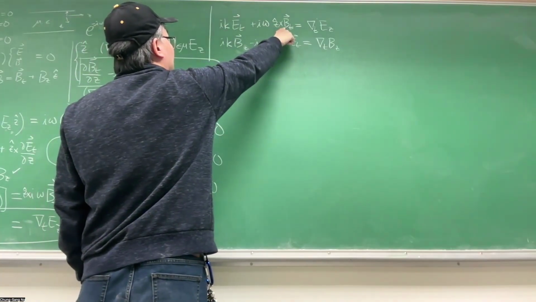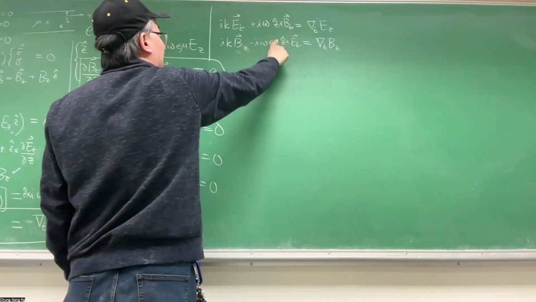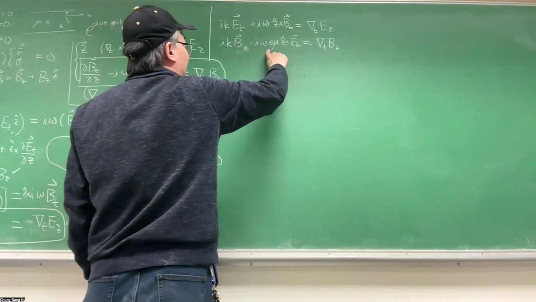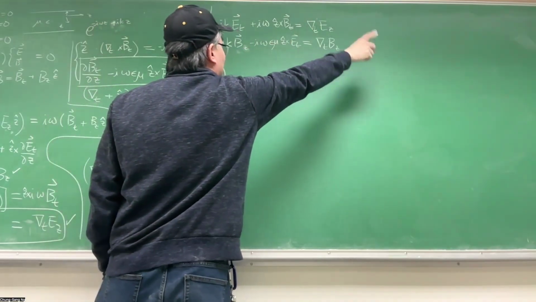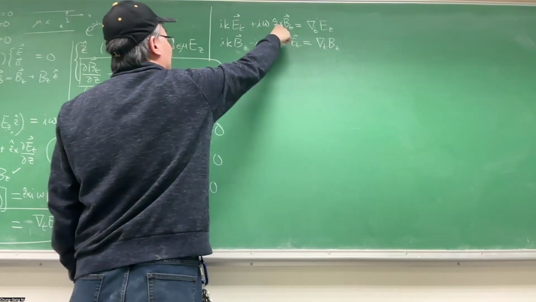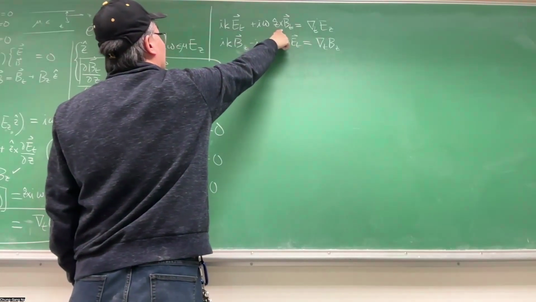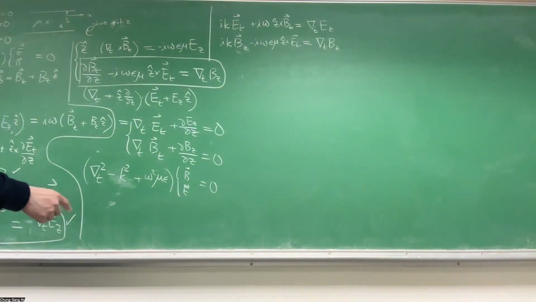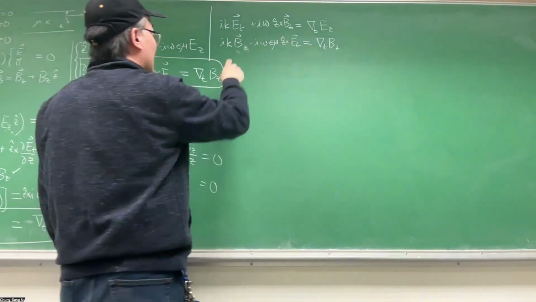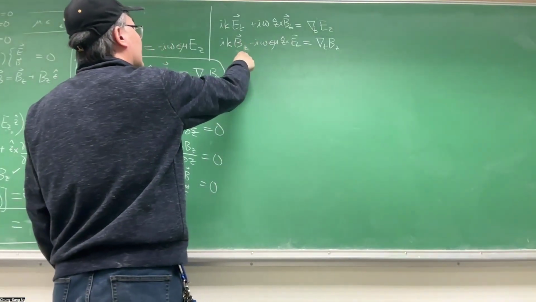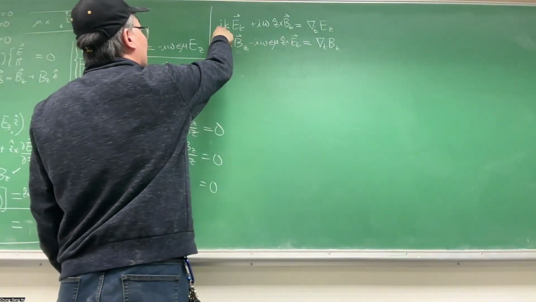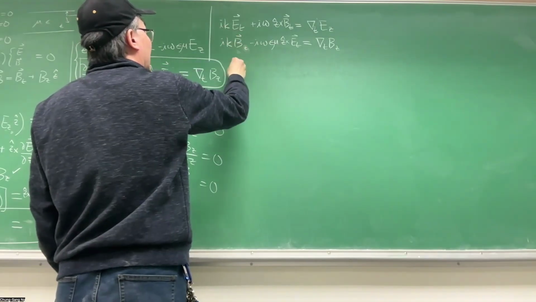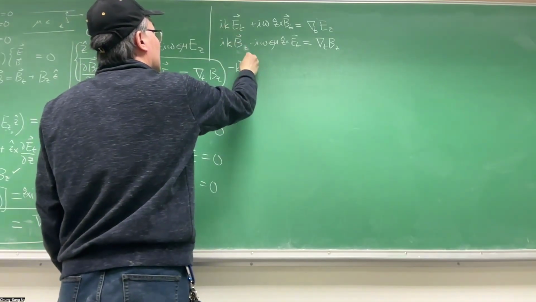Then you have iK B sub t in here, and you can move this term together with this one to the right hand side. Then you will get a single equation involving E sub t at least. After you multiply by iK, the first term becomes minus K squared.